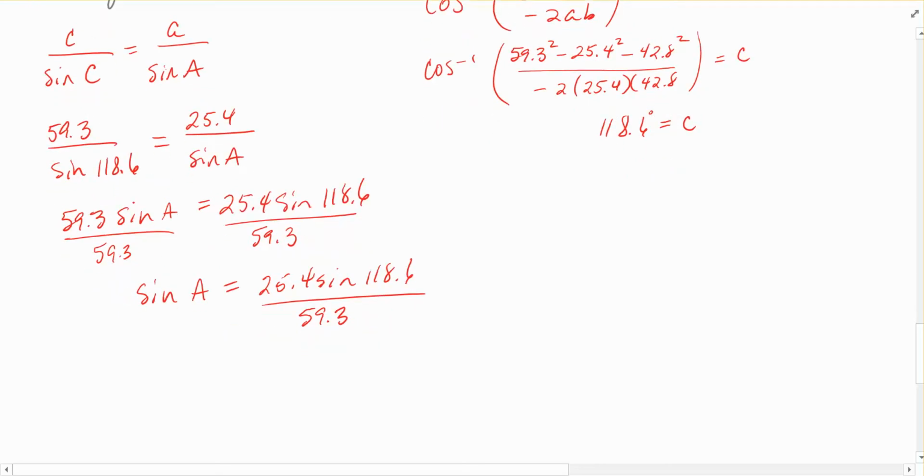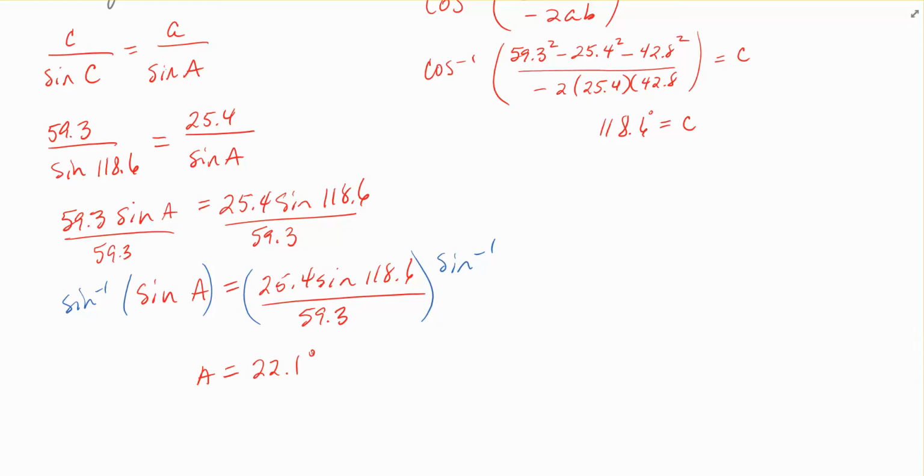Then, to solve for the angle, remember we take the inverse sine. Put that whole thing into your calculator, and you should find that A, rounded to the nearest decimal place, is 22.1 degrees. So now I have angle A and angle C.